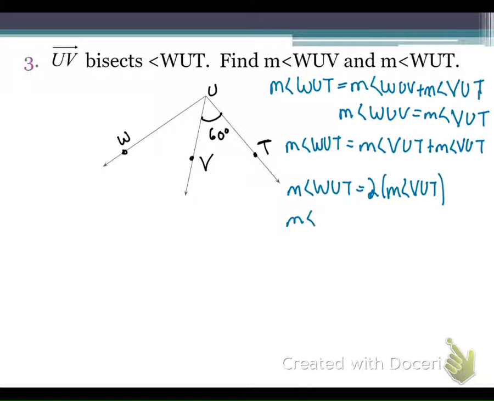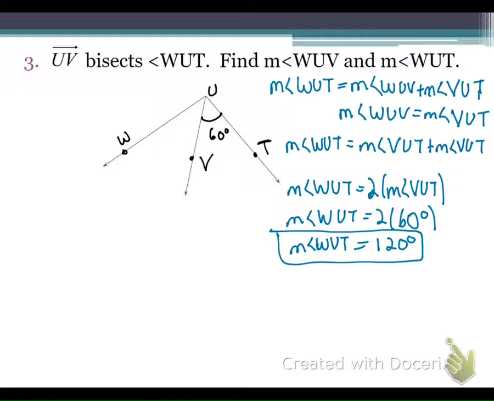So the measure of angle WUT equals 2 times, what's my measure of VUT? Yep, 60 degrees. So that ends up being 120 degrees. I'm going to write that here so I write it very explicitly.